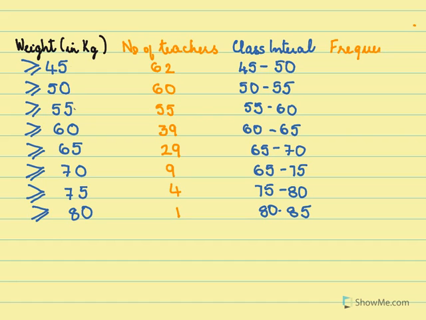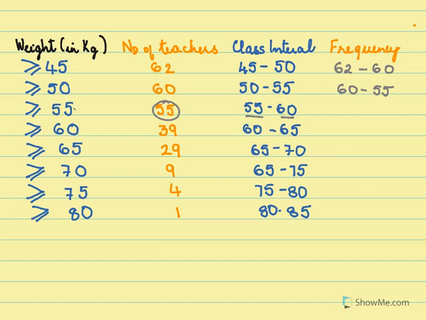Next would be the frequency. Now to find the frequency between 45 and 50, we need to subtract 45 and 50. So that will be 62 minus 60. Next is between 50 to 55. So 50, 55 we subtract. That would be 60 minus 55.